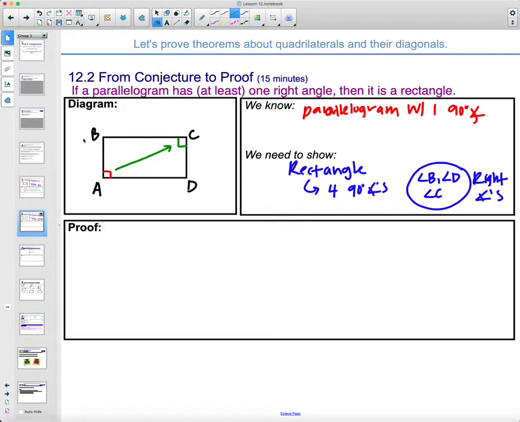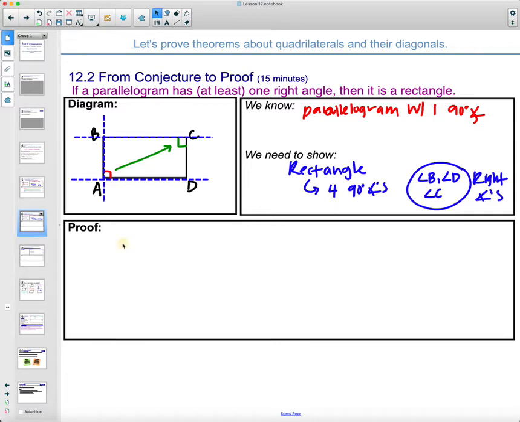A couple of ways you could think about that. If we think back to the last proof, we know that this line is parallel to this line, and we also know that AD is perpendicular already to AB. So that means it would have to be perpendicular to BC as well since these are parallel. So then that would make this one a right angle. And then again, opposite angles would be equal, which would get us the rectangle.